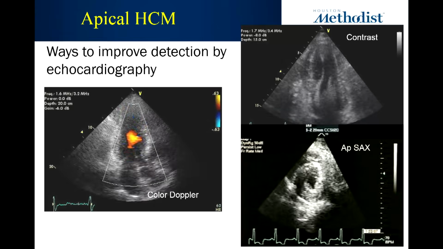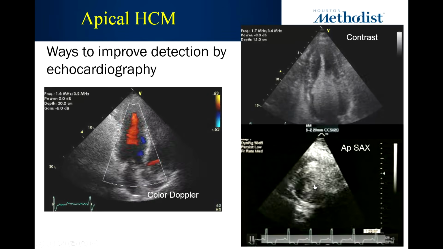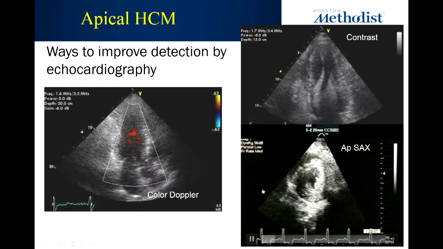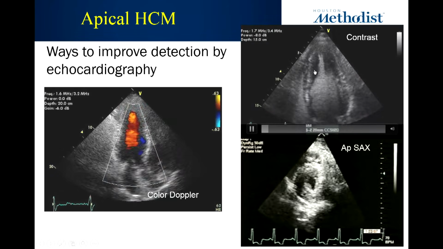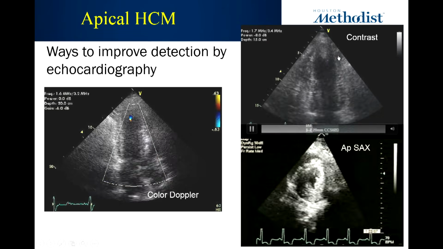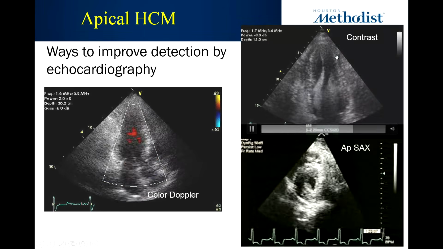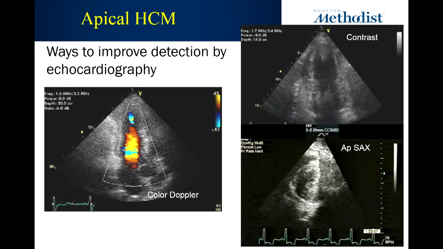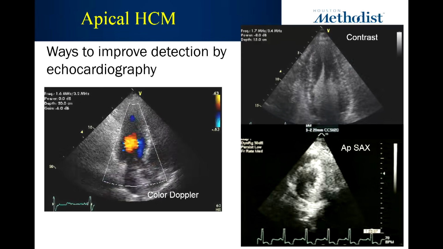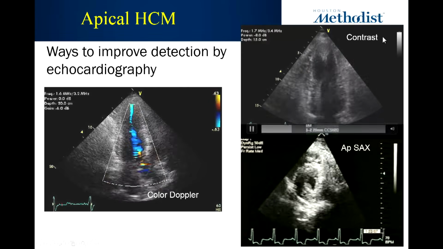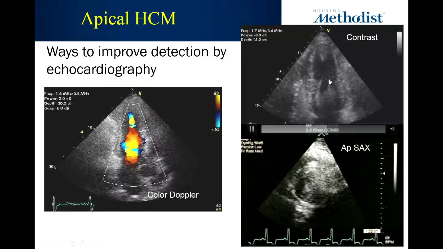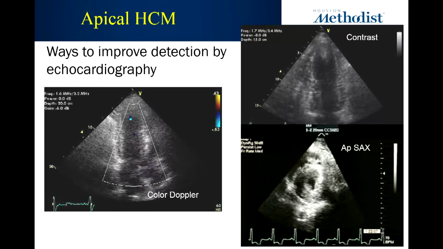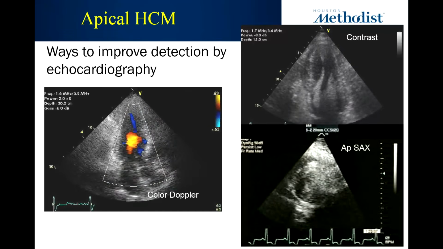For the sonographers, the short axis view at the apex is also very helpful. The reason why this is all important is that if the patient has a little bit of a difficult window to get through in the apical views, which is not uncommon in Texas, and on top of that you have all that muscle at the apex, you can have a lot of attenuation, and the regular 2D echo image may not show you the apical hypertrophy.